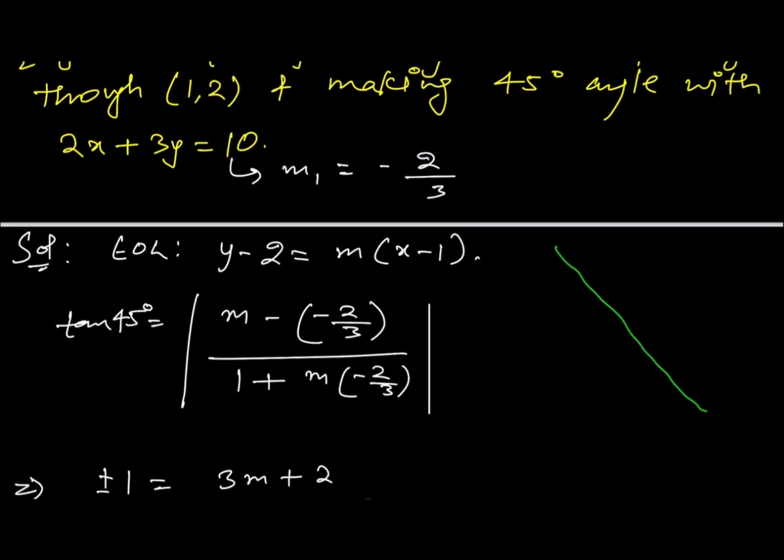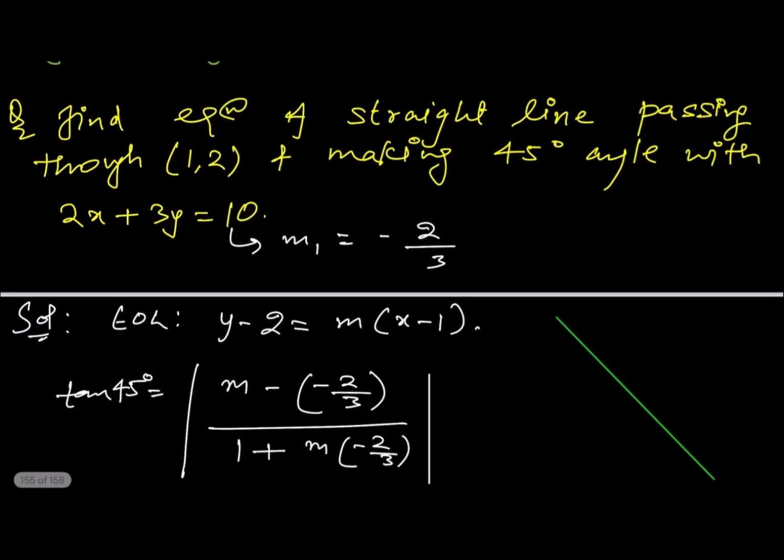If this is one line, 2x + 3y = 10, another is this line having slope 1/5, which is passing through (1, 2).